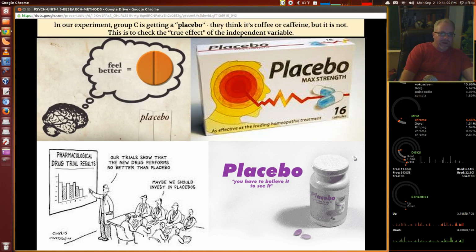So in our experiment group, Group C is getting the placebo. They think it's coffee or caffeine, but it's not. This is to check the true effect of the independent variable. Placebos, if they make you feel better, it is a psychological thing.